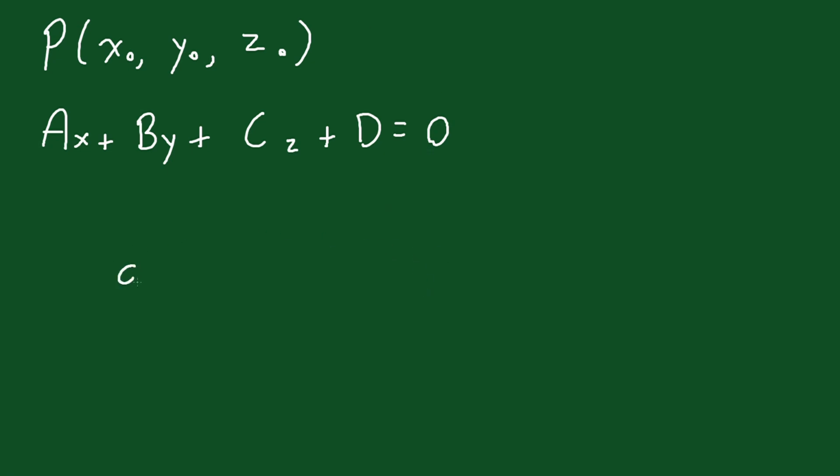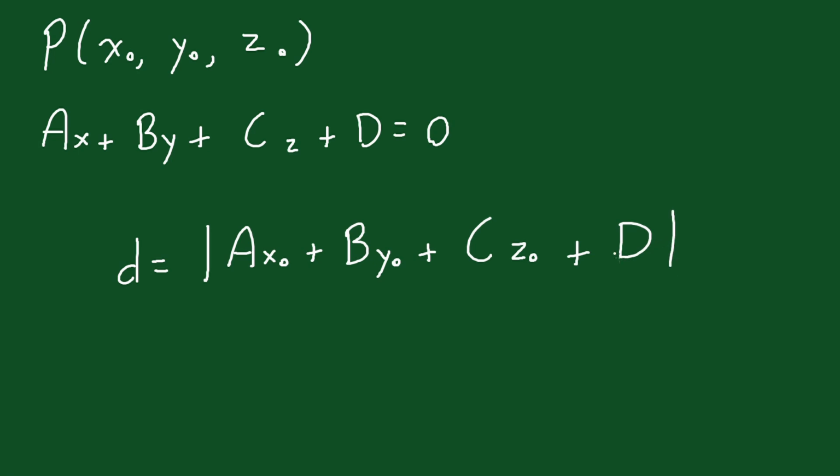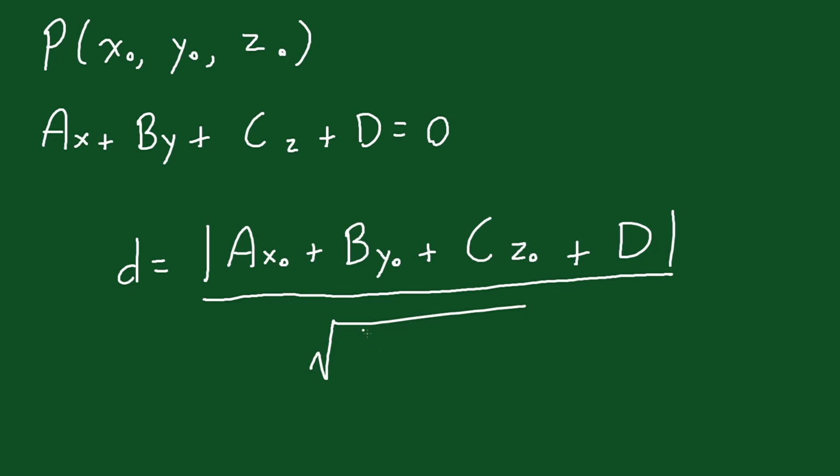The equation goes that d is equal to the absolute value of a times x0 plus b times y0 plus c times z0 plus d, absolute value of all of that, divided by the square root of a squared plus b squared plus c squared.